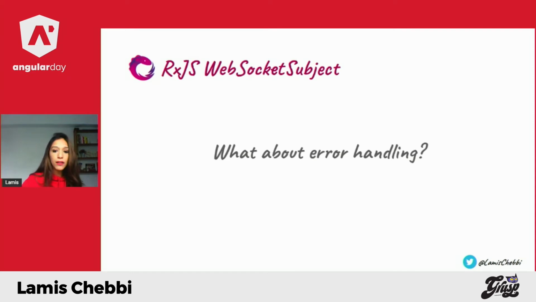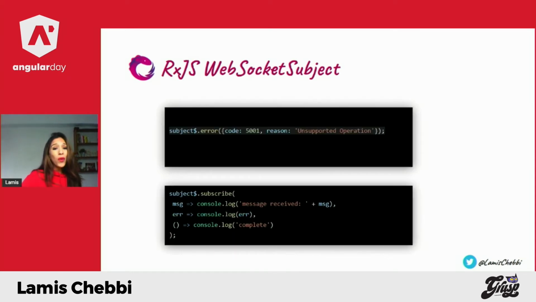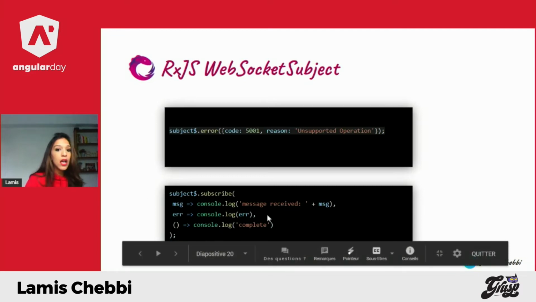Now, what about error handling? How can I handle errors? Well, nothing new here. It's the same as how you handle RxJS subjects. To send errors, you just call the error method and you can give it a specific code and reason.